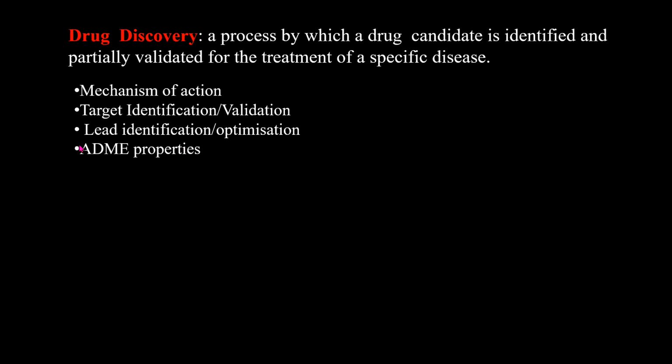And then the ADME properties of the molecule: absorption, distribution, metabolism, excretion. These are called ADME properties. If you take an oral drug, it gets absorbed, it goes through the bloodstream, and it also gets metabolized, biotransformed, and finally, after it has done its job, it gets excreted.